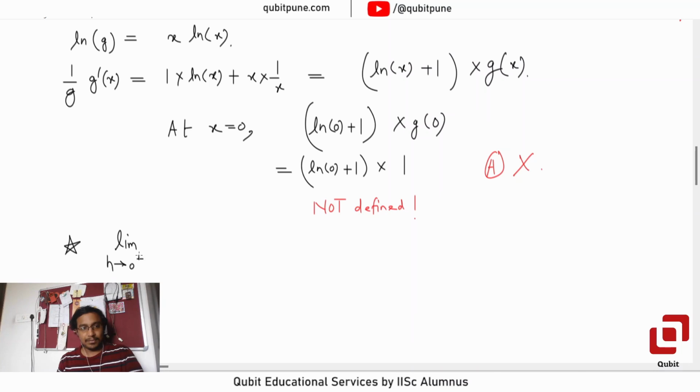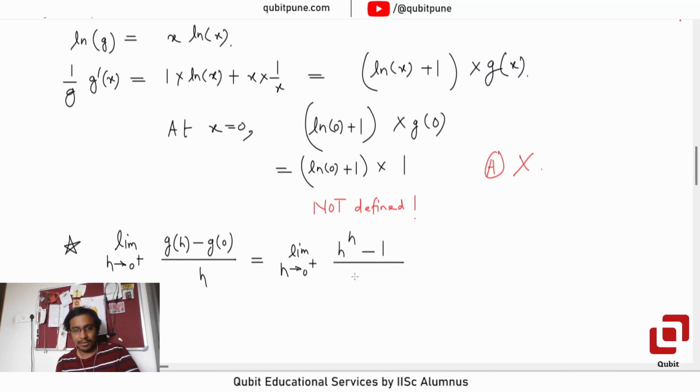The limit as h tends to 0 plus of g of h minus g of 0 upon h, that is h raised to h minus 1 upon h. You can take it as homework and tell me what value of limit you get.